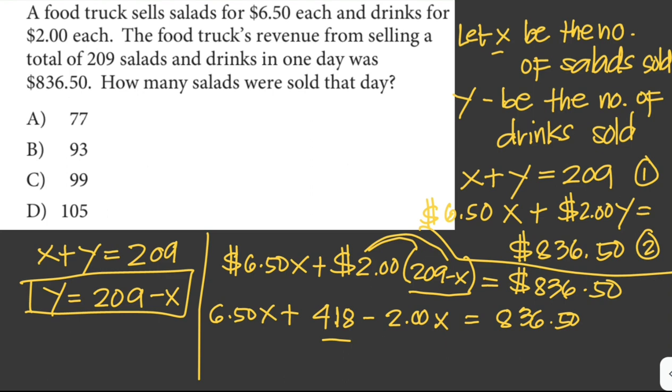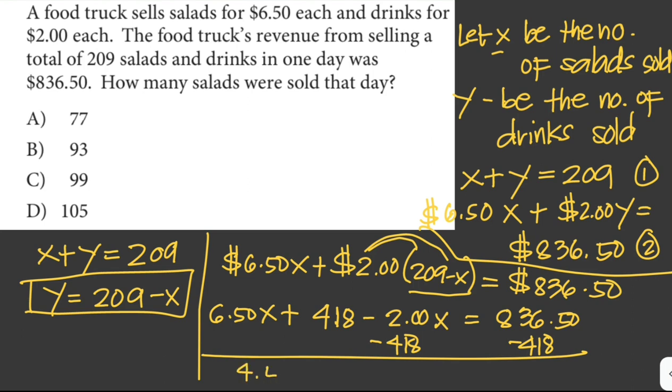Then we can group like terms. We can subtract 418 here and also here. So that would be 6.5 minus 2, so that is 4.5x. This cancels out, and 836.5 minus 418 is just 418.5.